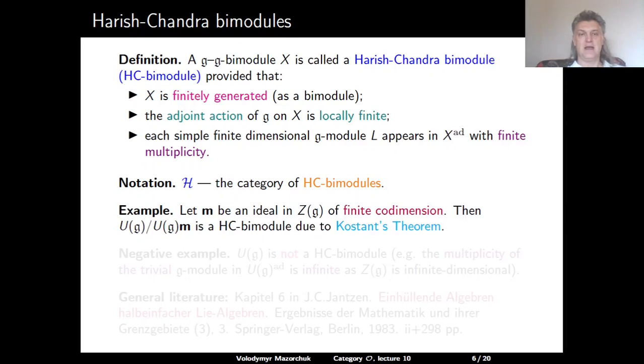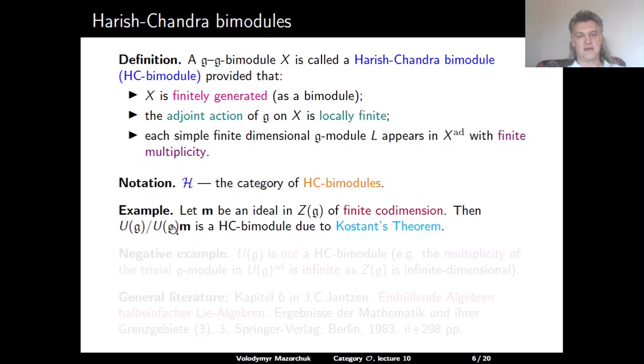For example, if we consider an ideal m in the center of the universal enveloping algebra, such that this ideal has a finite codimension in the center, then the universal enveloping algebra itself is a G-G bimodule with respect to the left and right multiplication with elements in G. So the claim is, if we take the universal enveloping algebra and factor out the two-sided ideal generated by our fixed ideal m in the center of finite codimension, then the corresponding quotient is a Harish-Chandra bimodule.